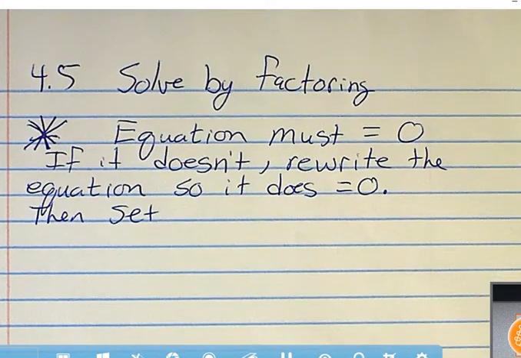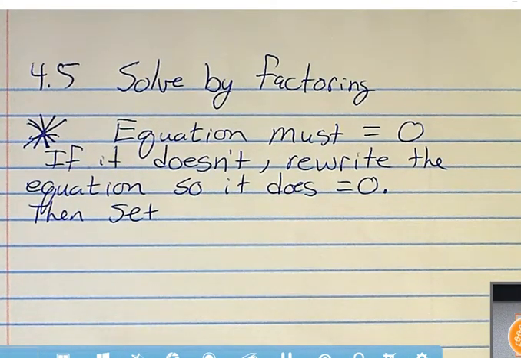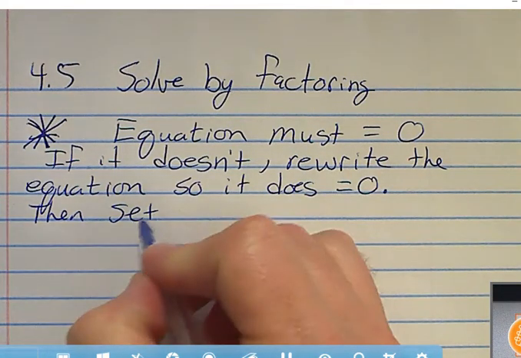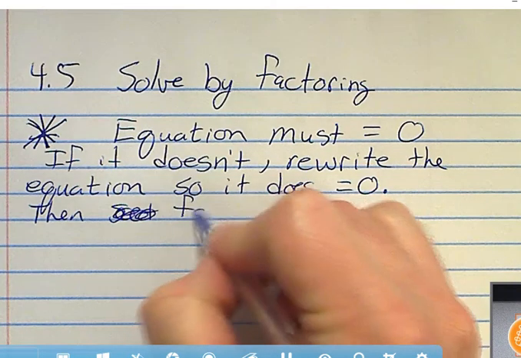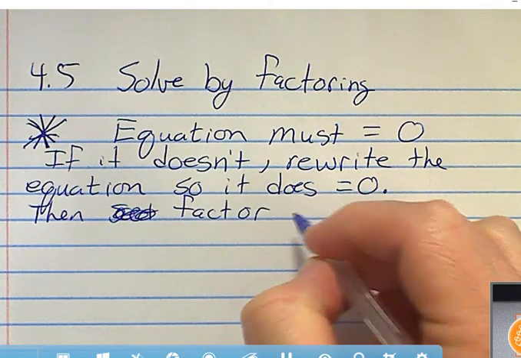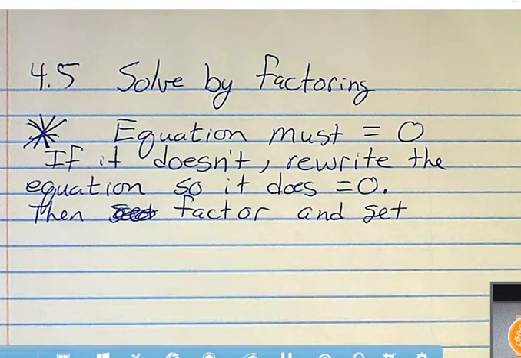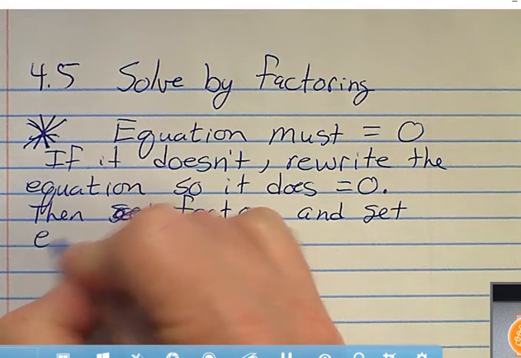Okay, so we've got it rewritten so that everything is equal to 0. Go ahead and factor the parts of it out. And then after you've got it factored, you set each parenthesis equal to 0 to solve.